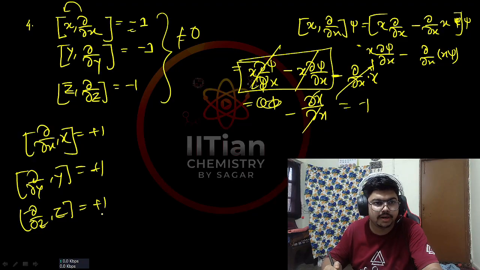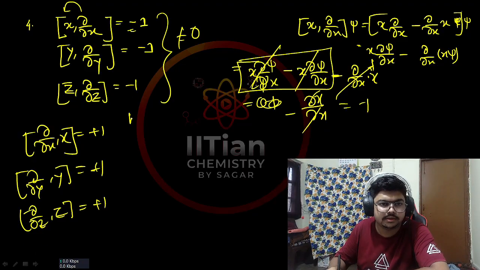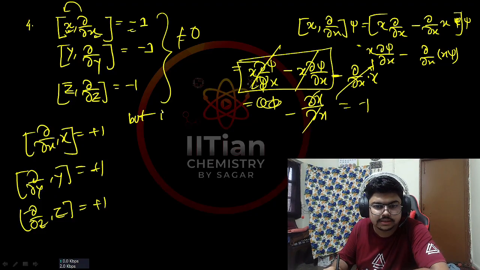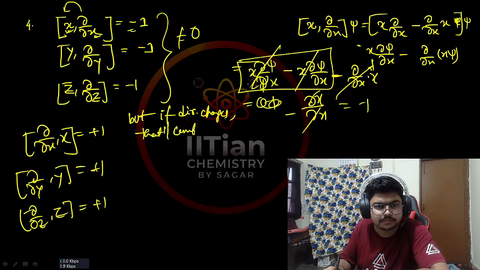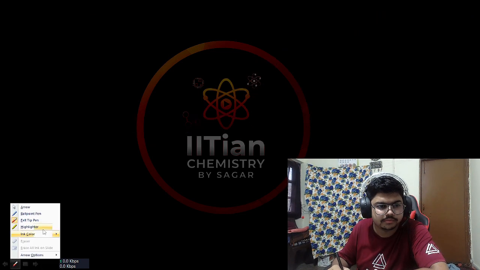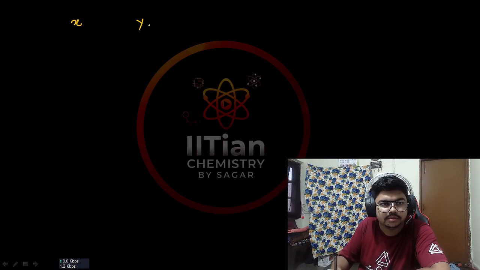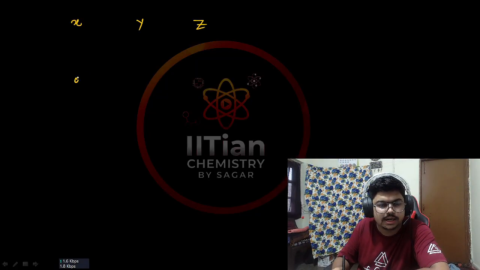But if the direction changes, then they will commute. Suppose I am writing the position operators x, y, z, and here I am writing del x, del y, del z.